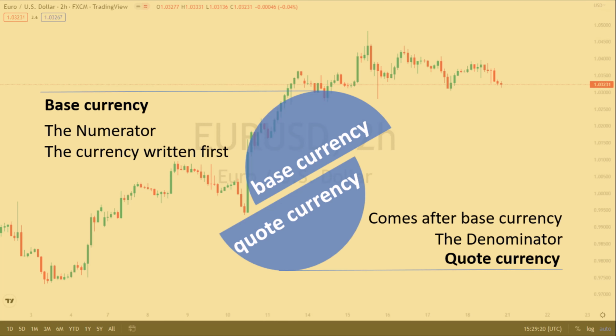The currency that is listed first, that is written first, is called the base currency, which is just like the numerator. And the currency that is listed just after that is called the quote currency. So in the case of Euro USD, Euro is the base currency while USD is the quote currency. As simple as that.